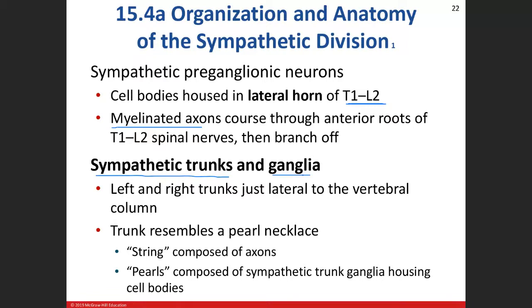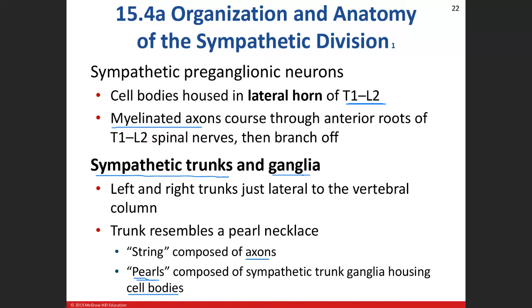Think of that sympathetic trunk as a pearl necklace. The pearls, the swellings there, are where all the cell bodies are being synapsed on. And the string portions are just the axons running down from one ganglion to the next.